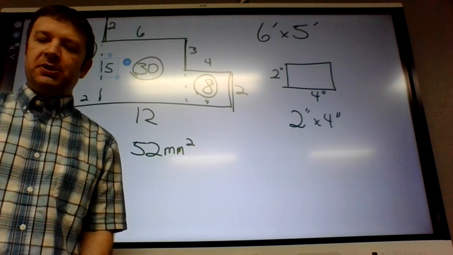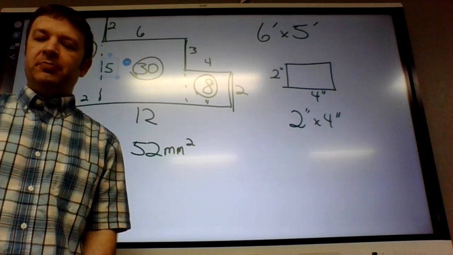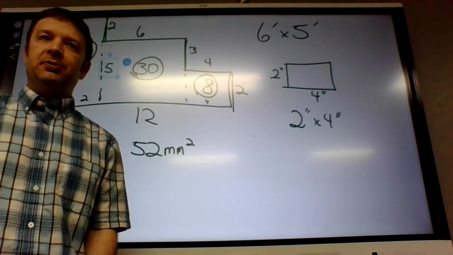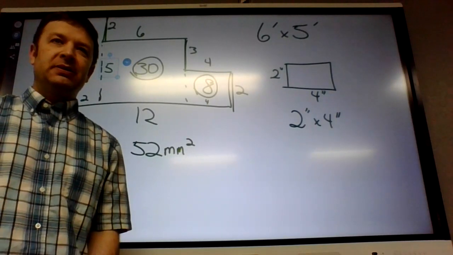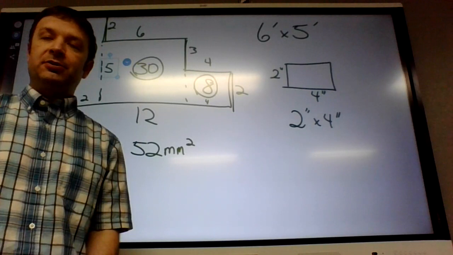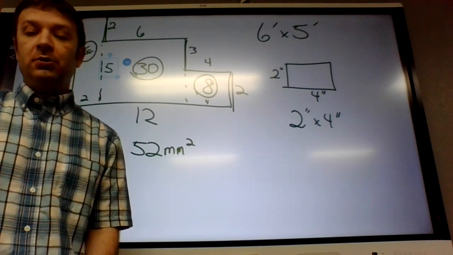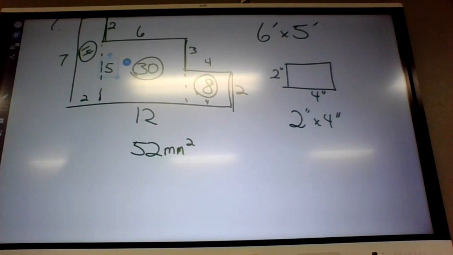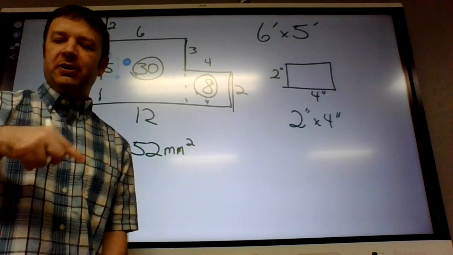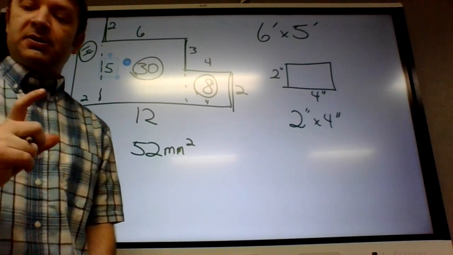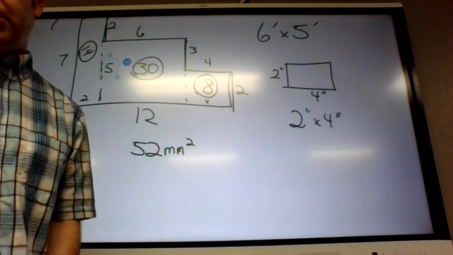So she said you can do base times height of the big rectangle, find its area, and then subtract the base times the height of the little square in the middle. So just take out the area of the hole. Does that make sense? So you do the big rectangle minus the area of the little hole in the middle.